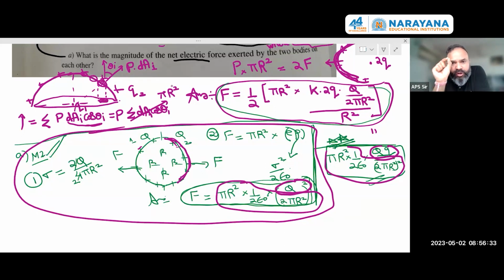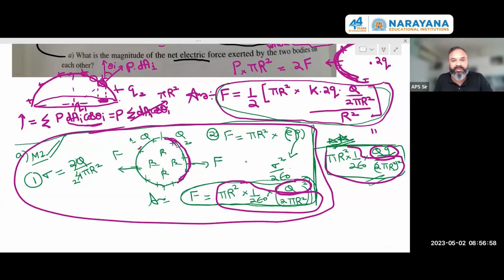Because if you look into all the possible interactions amongst the two bodies, every vector in this hypothetical situation and the actual situation is same in direction, in geometry. Only in the numerator, there is a difference of dq, and dq is sigma into dA. So sigma is different.